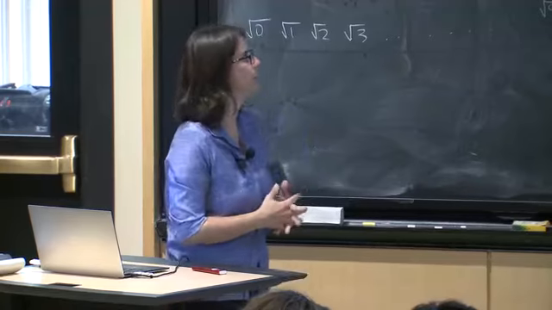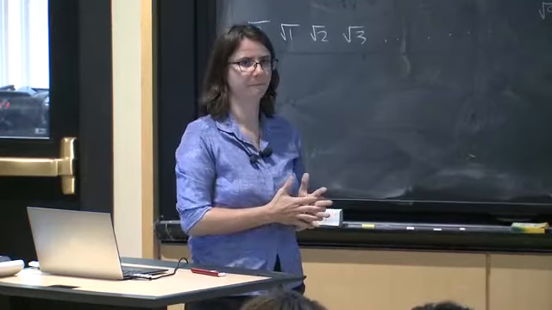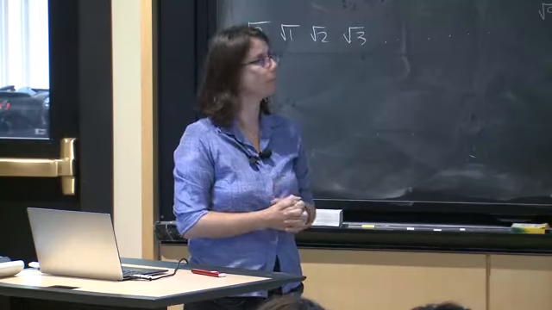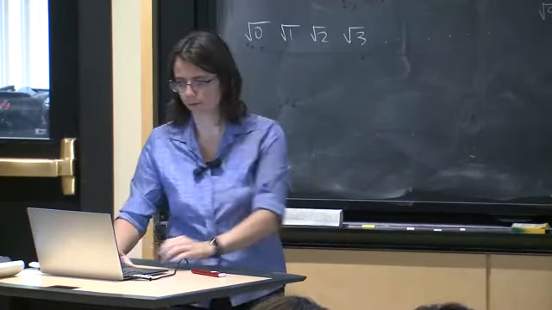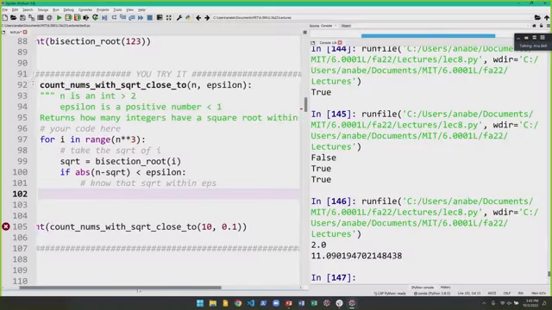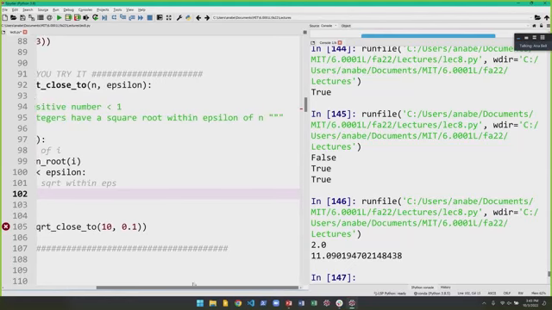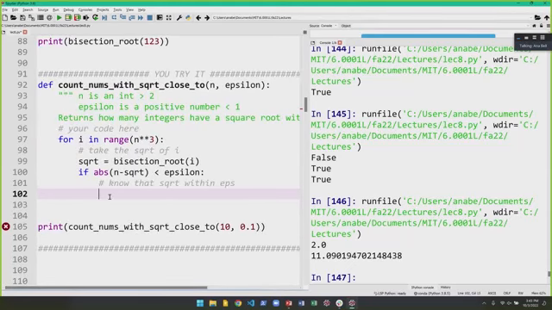And what do we want to do once we know that the square root is within epsilon? Well, if we don't know, we can look at the docstring. So we need to return how many integers have that square root within epsilon of n. Yeah, exactly. Keep count of it, right?